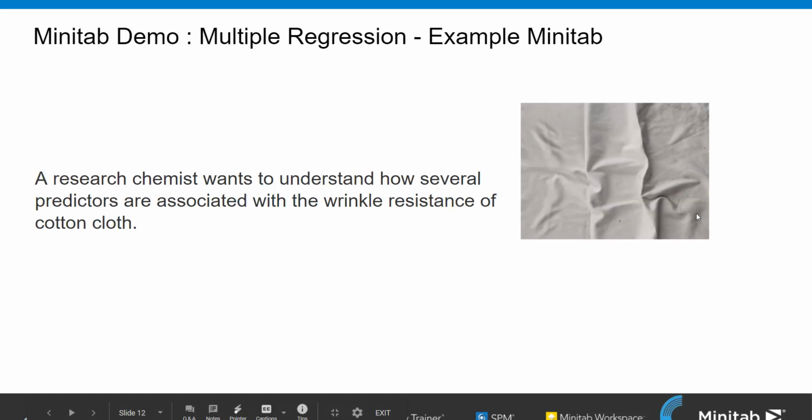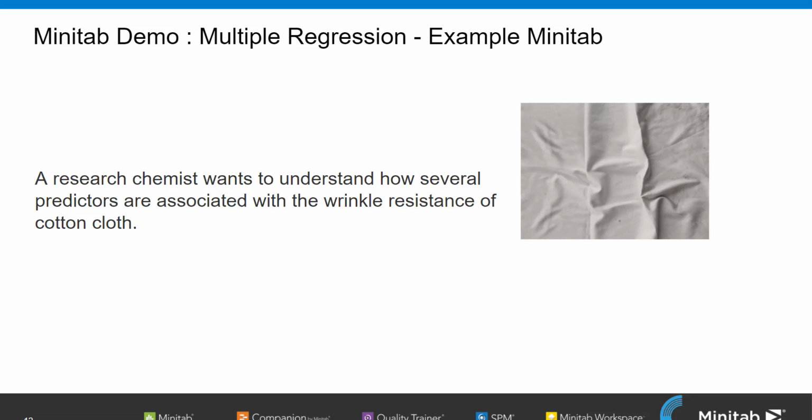Today I'm going to take an example of a research chemist who wants to understand how several predictors are associated with the wrinkle resistance of a cotton cloth. The chemist examines 32 pieces of cotton cellulose produced at different settings of curing time, temperature, formaldehyde or chemical concentration, and the catalyst ratio during the making of this fabric.